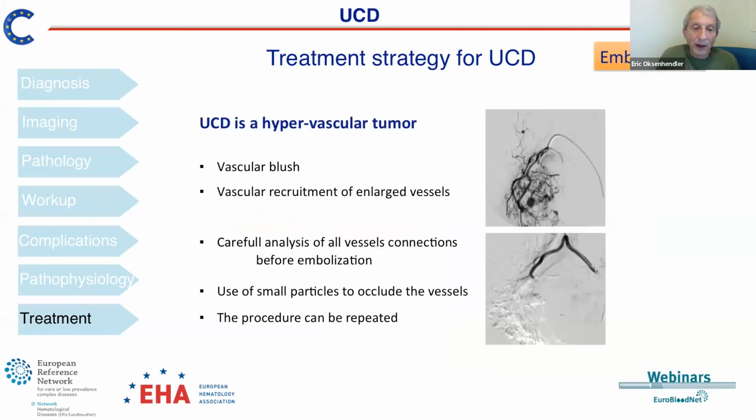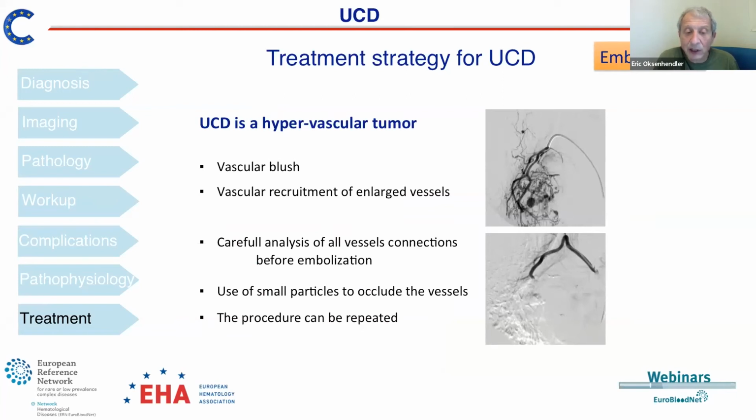So we have seen that UCD is a hypervascular tumor, as you can see on these pictures, with a vascular blush and a vascular recruitment of a large vessel. So we can think about embolization after a careful analysis of all vessels collection, before embolization, of course, and the use of small particles to occlude the vessels.